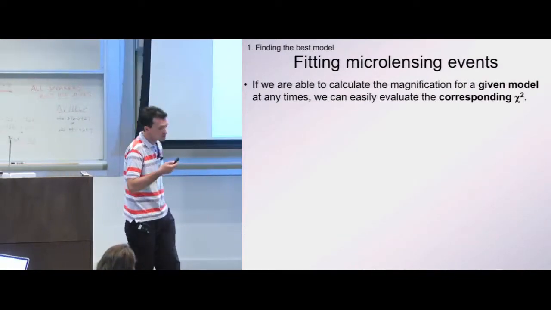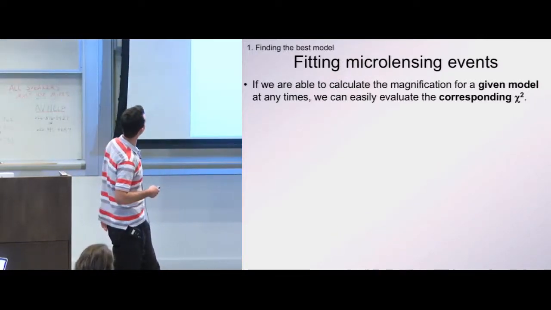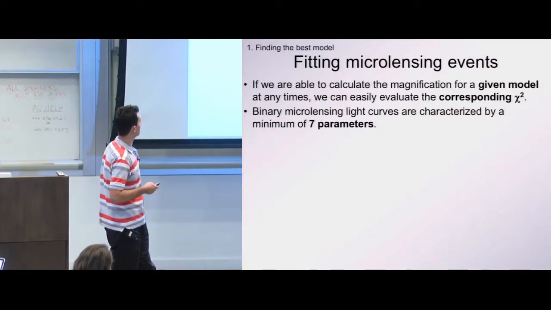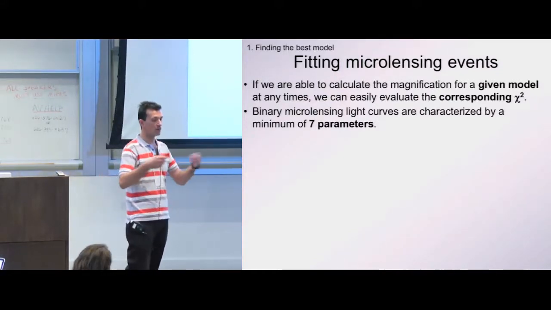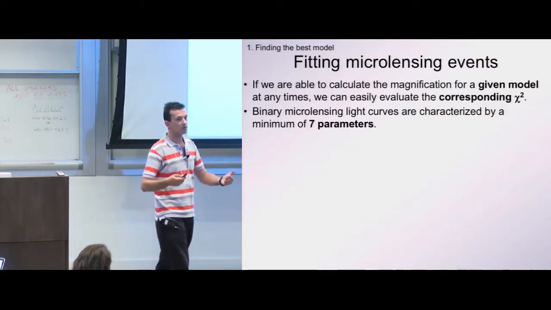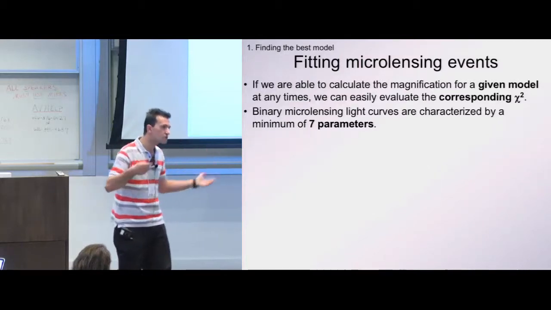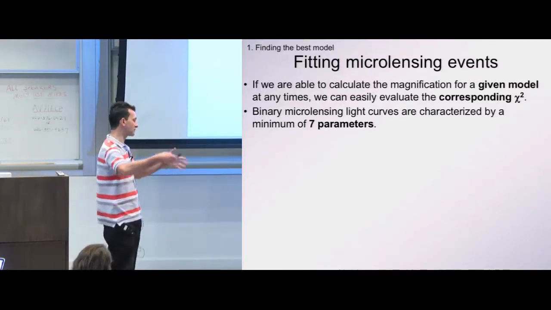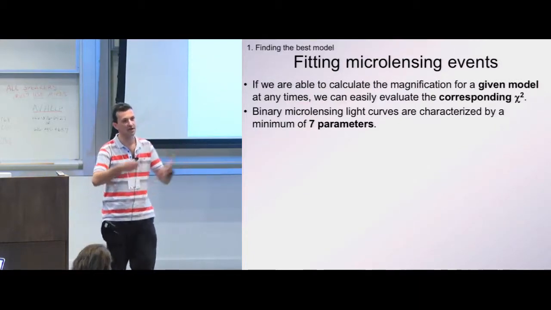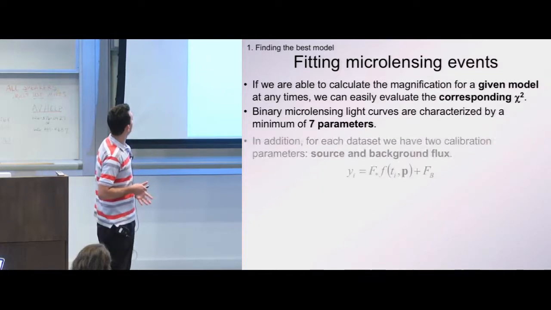So in the end, the chi-square is just a function living in this multi-dimensional space. In the case of microlensing, you have 7 parameters for the binary lensing. If you also need to introduce parallax, you have 2 more additional parameters. And if you need to introduce orbital motion, then you have several possible choices and several possible approximations. You can end up with many, many parameters. So the problem is not trivial at all.